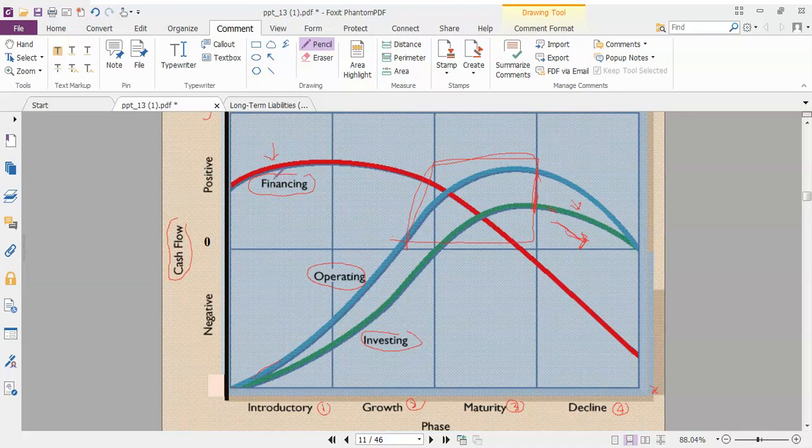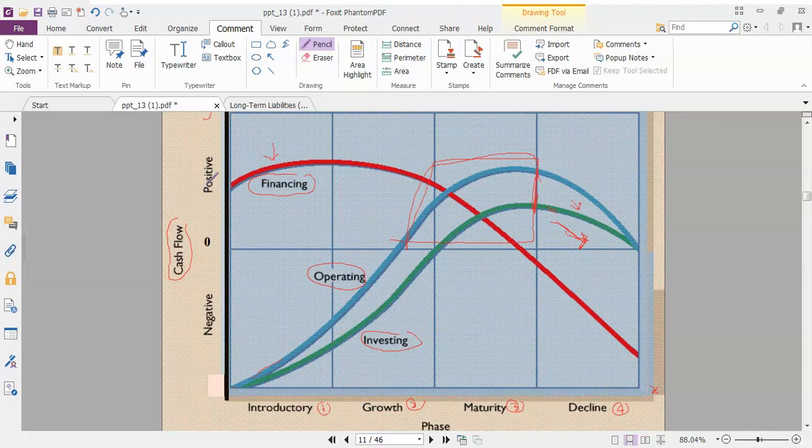For example, in the introductory phase, if you want to open a manufacturing company to make a car, we must have financing, the money from a loan from a financial institution or from equity, right?